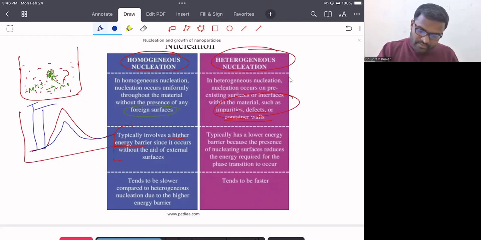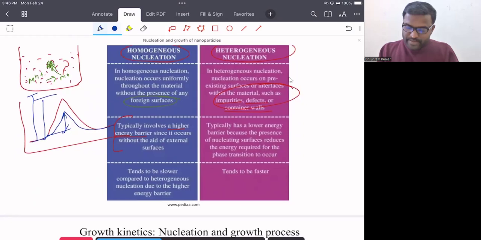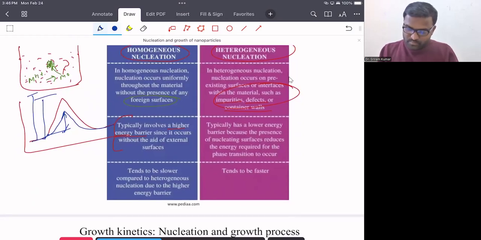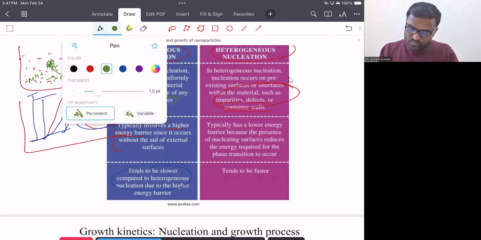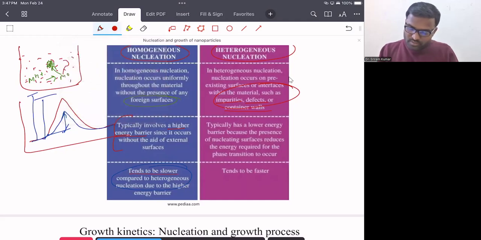Here we have the higher energy barrier as compared to this one. That is the energy difference from the liquid to the solid form. Because of that energy barrier, the homogeneous nucleation process is slower as compared to the heterogeneous nucleation.